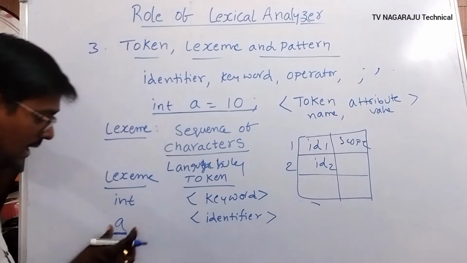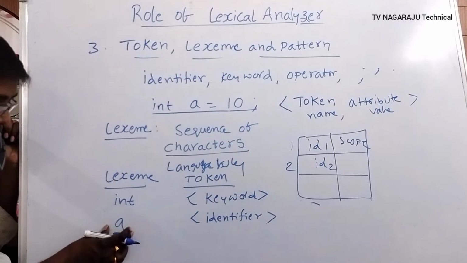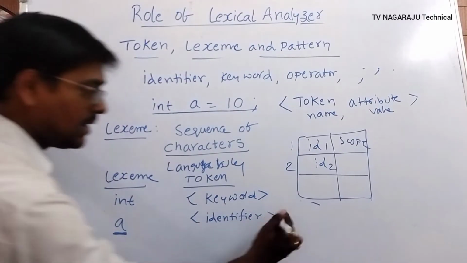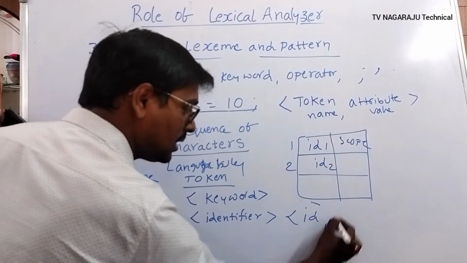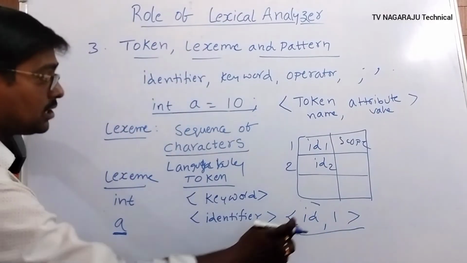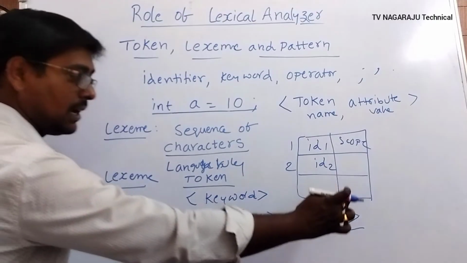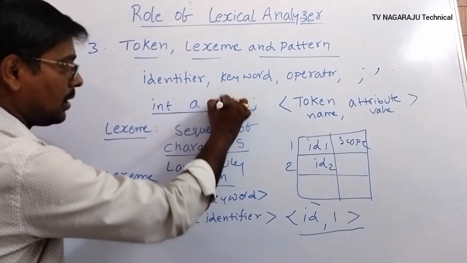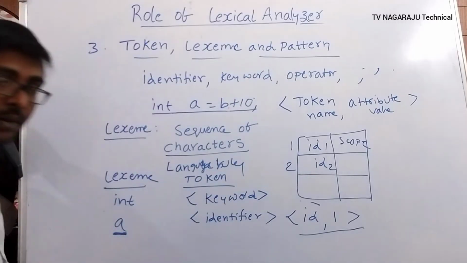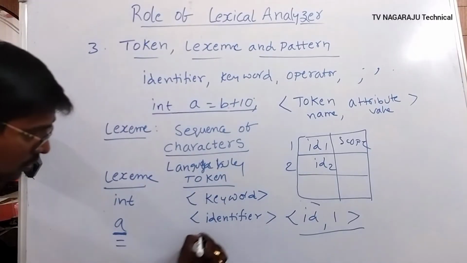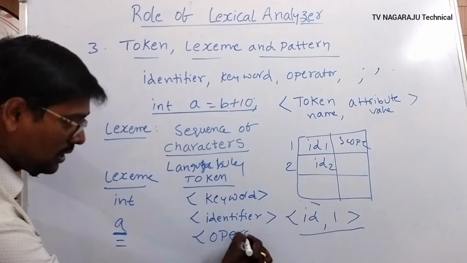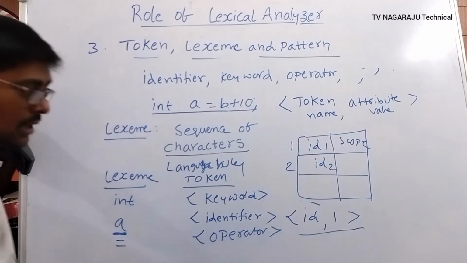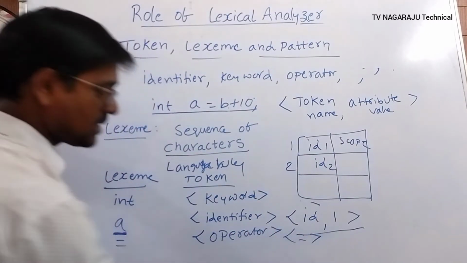So here a is a lexeme. It is an identifier. An identifier is represented like this. Assume the identifier name is ID, attribute value is equal to 1. For example, if you have a statement like b = b + 10. Now the equals sign is an operator. Like this we can represent the assignment directly.